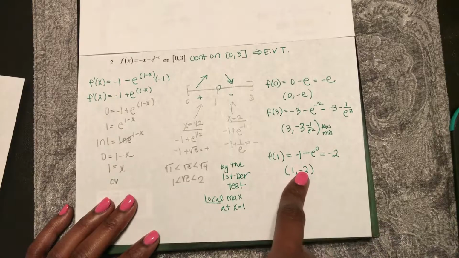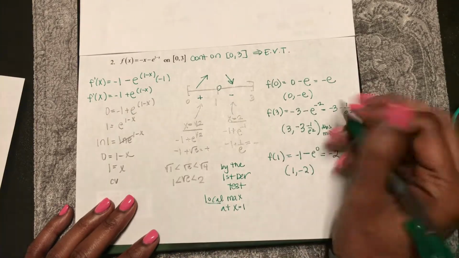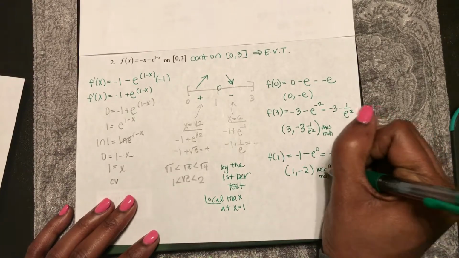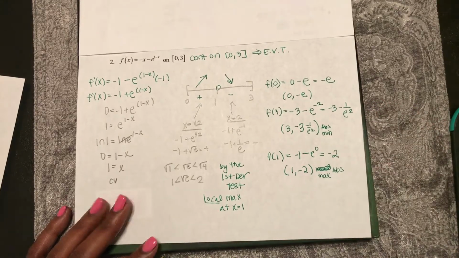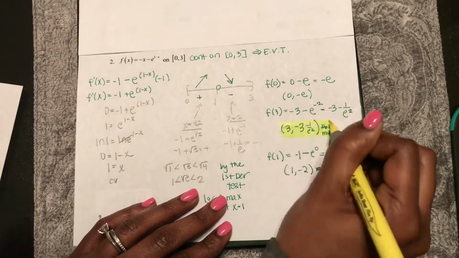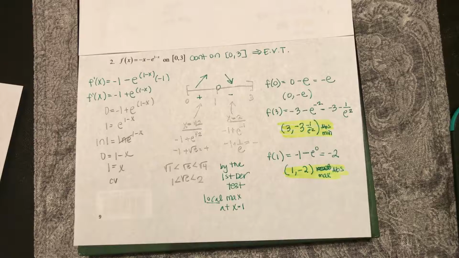Well, -2 is bigger than -2.78. So this is my local max. Oops, not local. By the extreme value theorem, it's our absolute max. So after we find our local max and min on a closed interval, then we have to check our endpoints to see where the absolute max and min are.